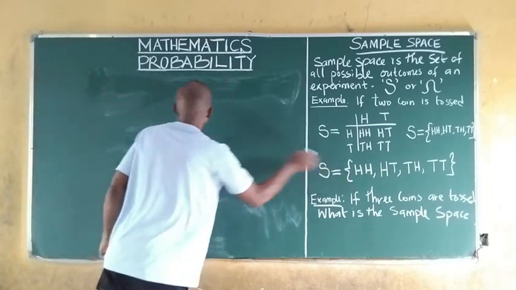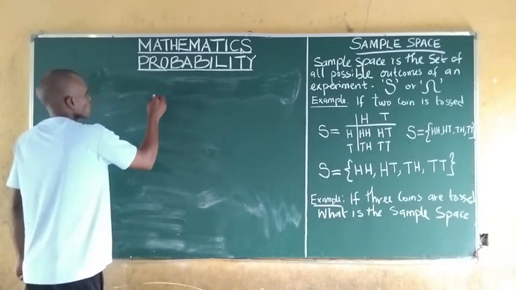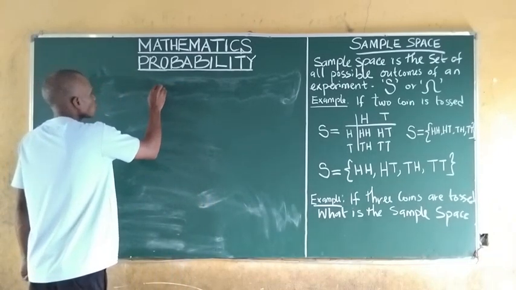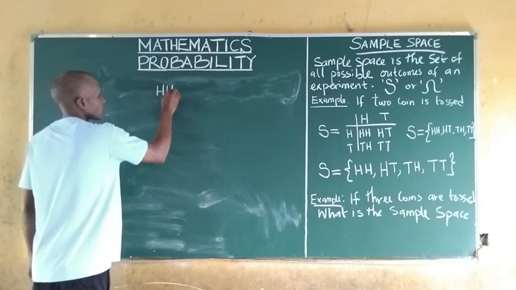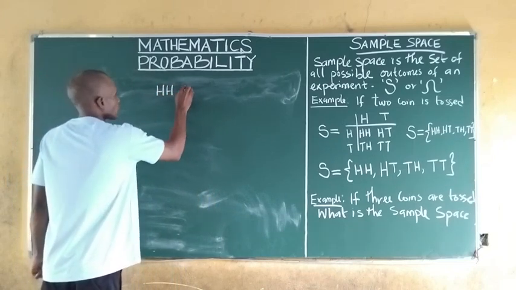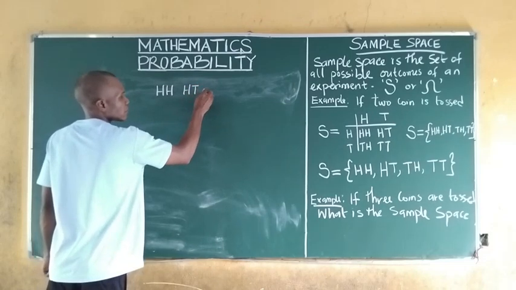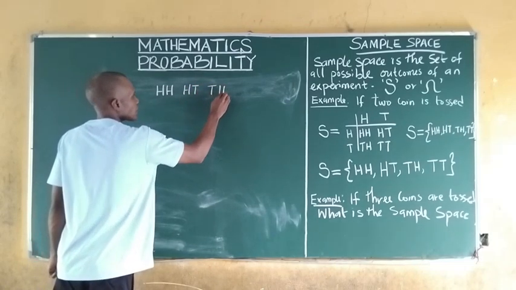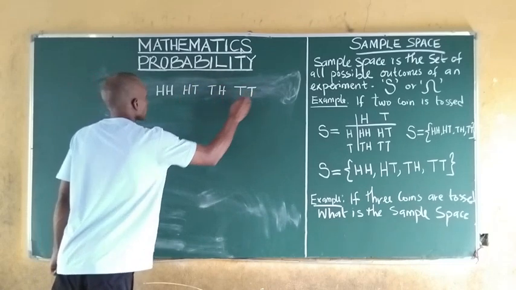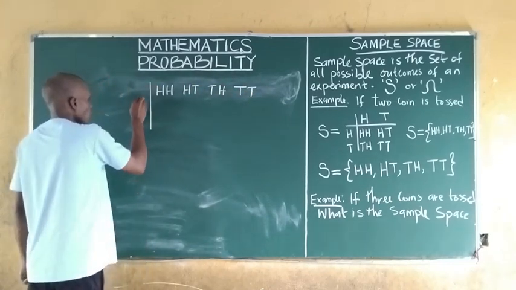We already have head head, head tail, tail head, and tail tail. We add it with one again.